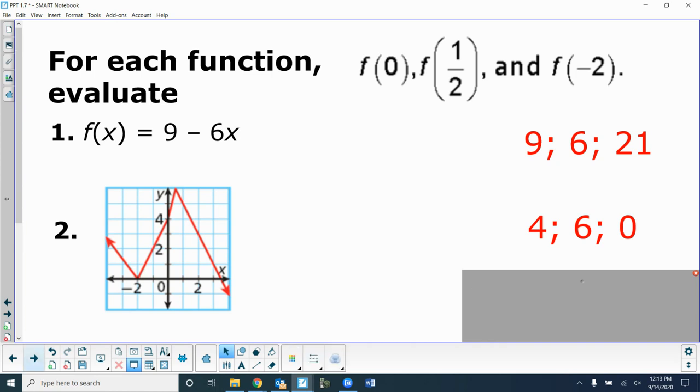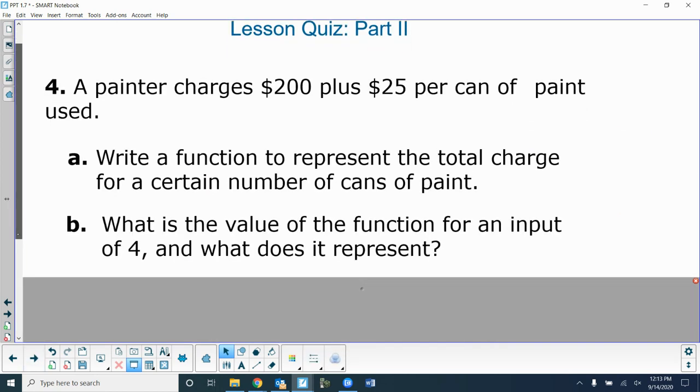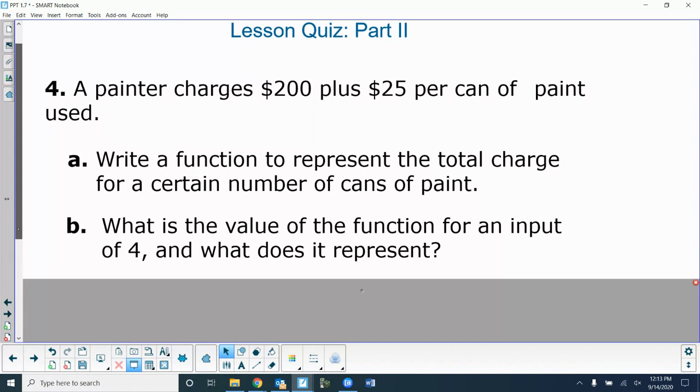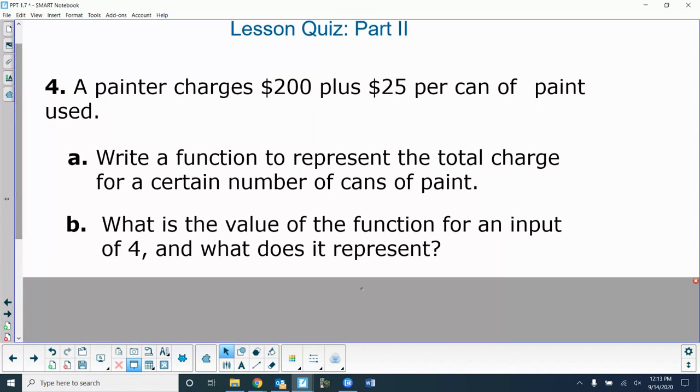So when you had a problem like this, it says a painter charges $200 plus $25 per can of paint used. It says write a function to represent the total charge for a certain number of cans of paint. So we could do P of C, the function P, and we're just going to go 200, just like it says, plus 25C, right?